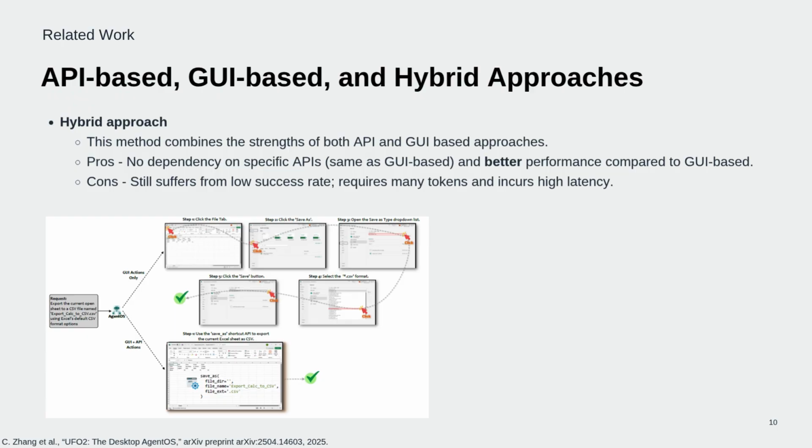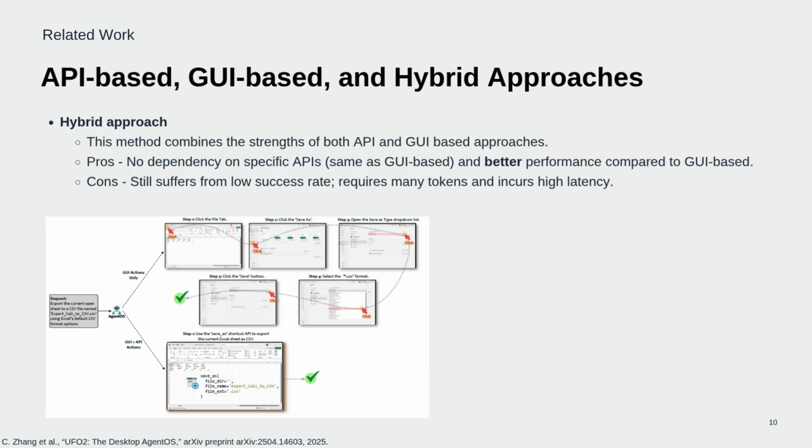Next is the hybrid approach. This method combines the strengths of both API and GUI-based approaches. There are pros and cons, but before we go there, these figures show the comparison between GUI-based agents and hybrid-based agents.